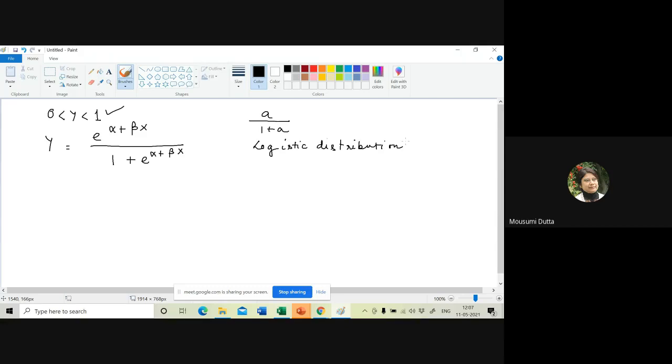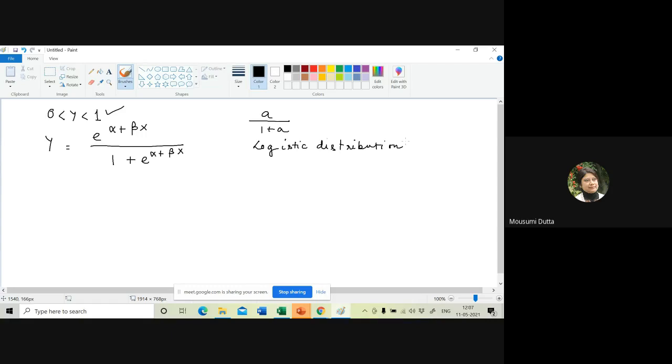Because they are asking, this is the information, and what functional form we will use so that we can empirically estimate the function. We can empirically estimate y. This is the idea.